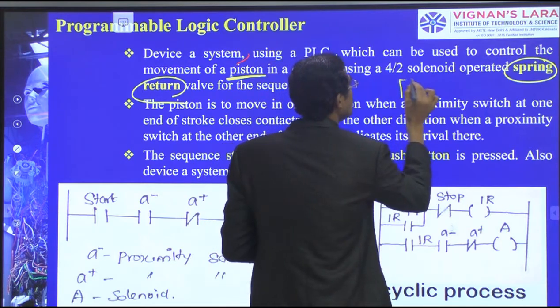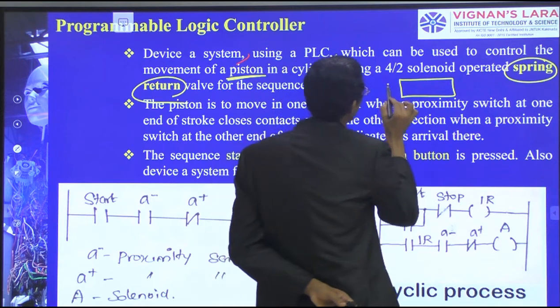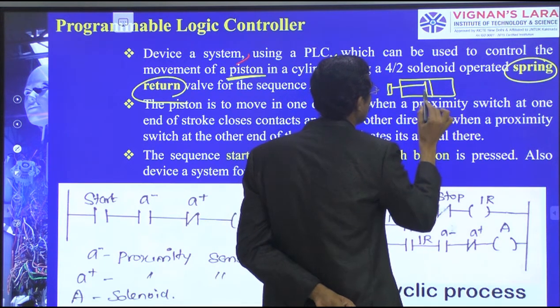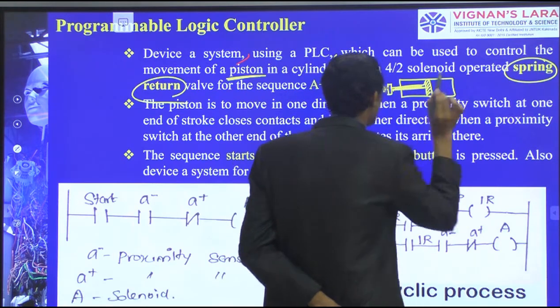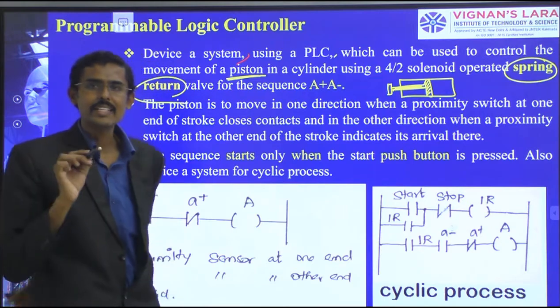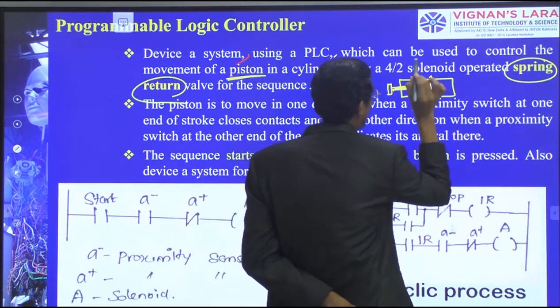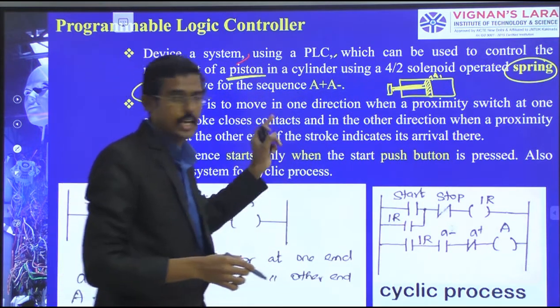Here I have a piston cylinder and I have a piston here. So I am understanding this position as A1, otherwise as per name.